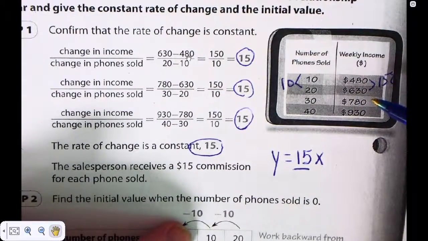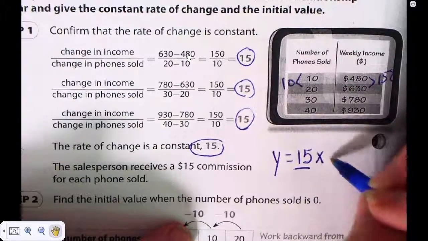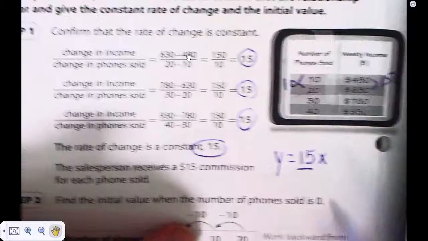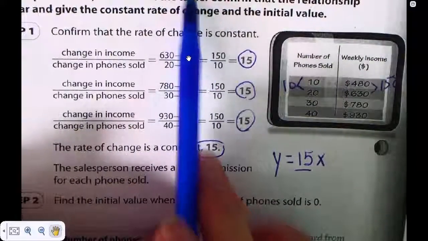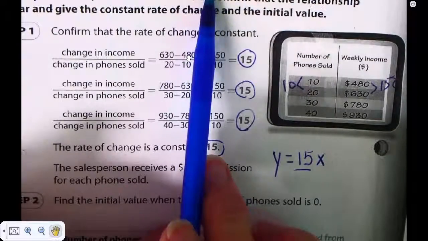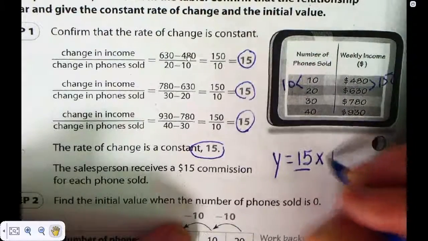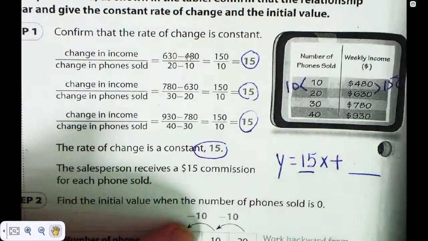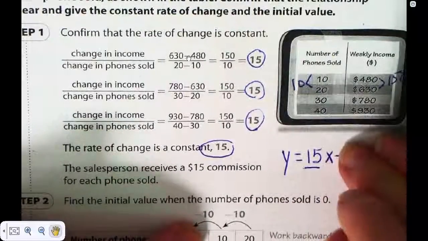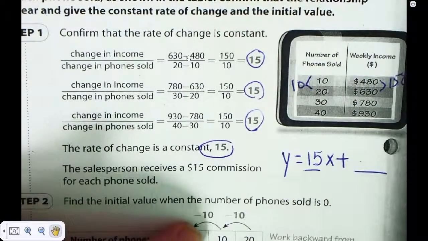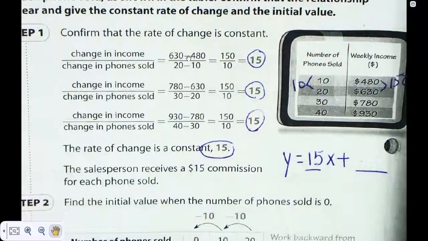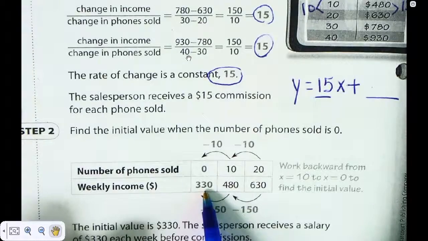To find out the plus, see, he got paid a weekly salary. He got paid a weekly salary plus his commission. So we already know they pay him something for the week plus the $15 a phone. On the chart, they've already shown you what it is.